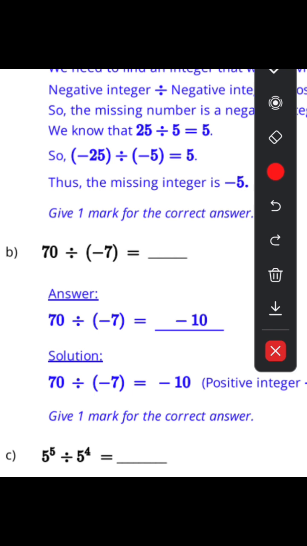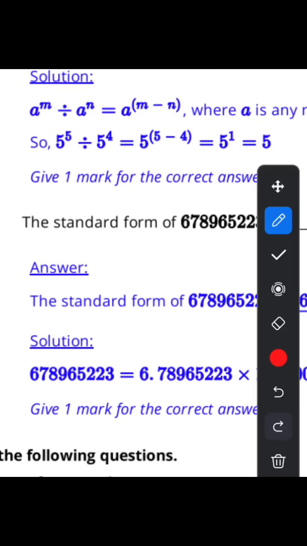Next question C, 5 raised to 5 divided by 5 raised to 4. Here we have to apply the indices rule, where a is any non-zero integer and m and n are whole numbers.